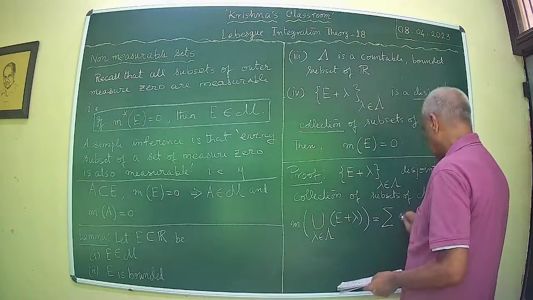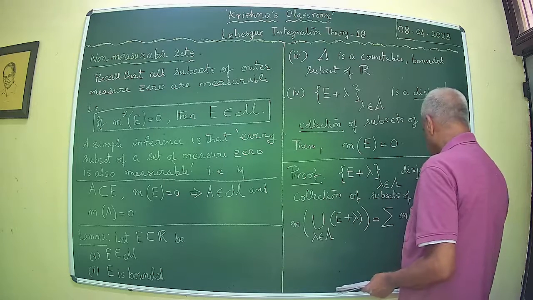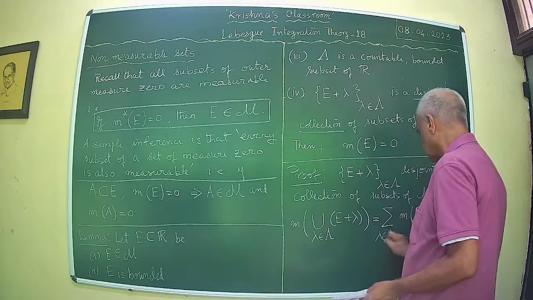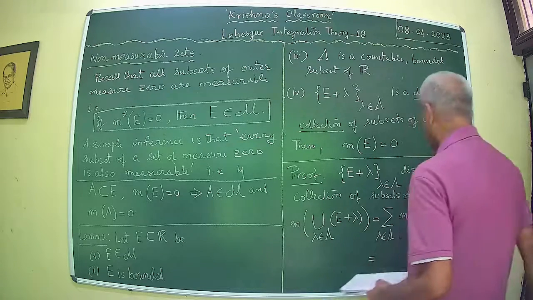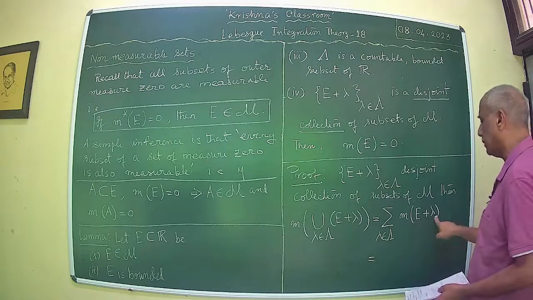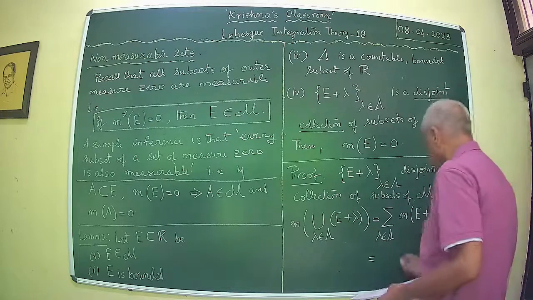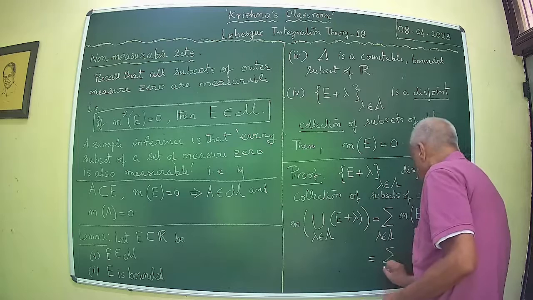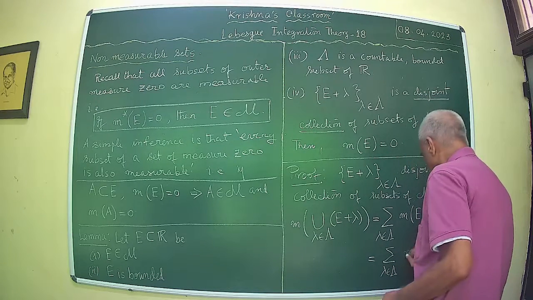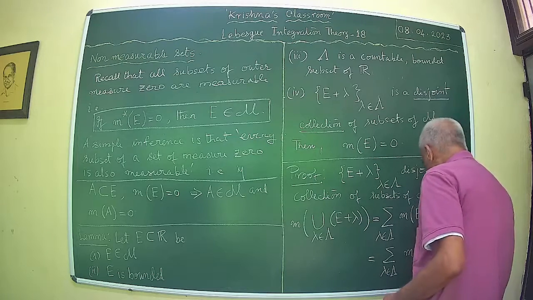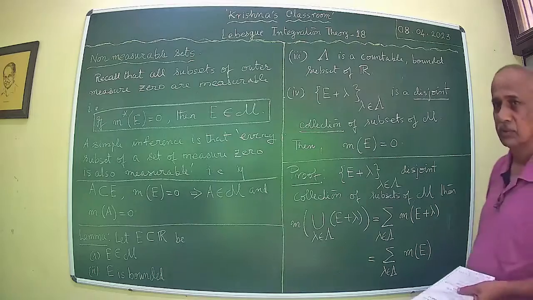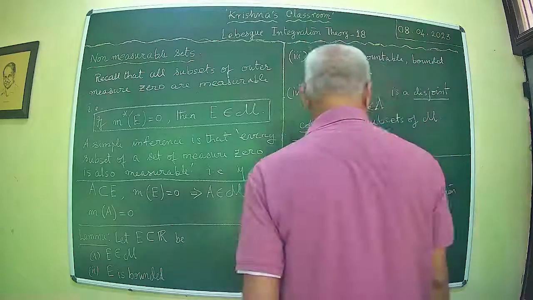sigma of the measure of E plus lambda. This is equal to, measure of E plus lambda is equal to measure of E. So this is sigma, lambda belongs to lambda, measure of E. That means measure of E added countably many times.